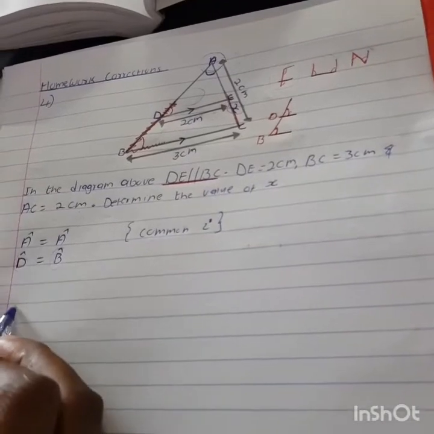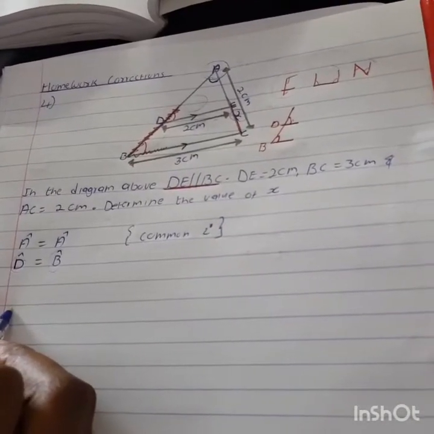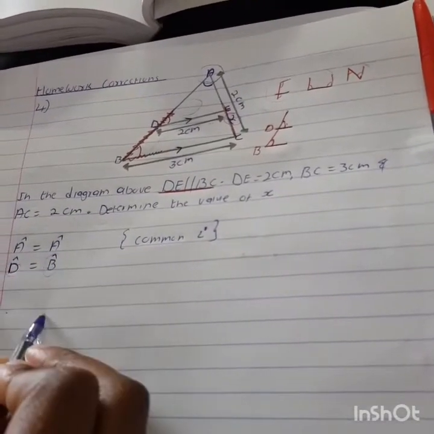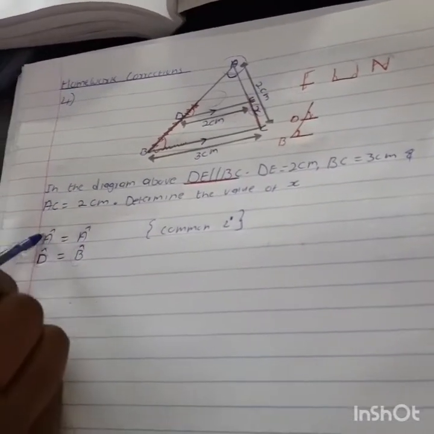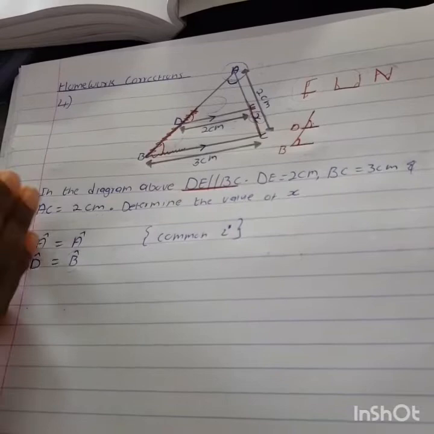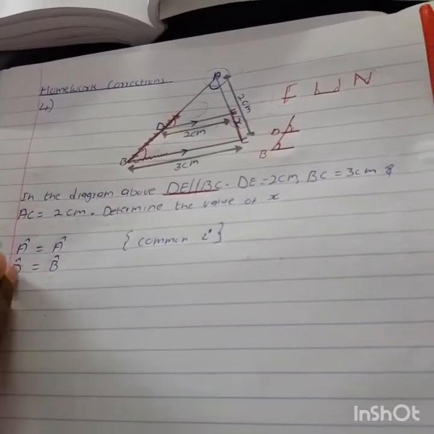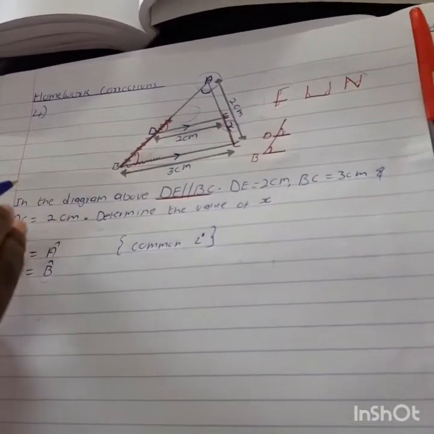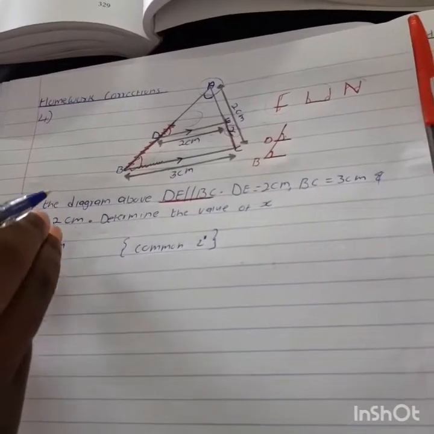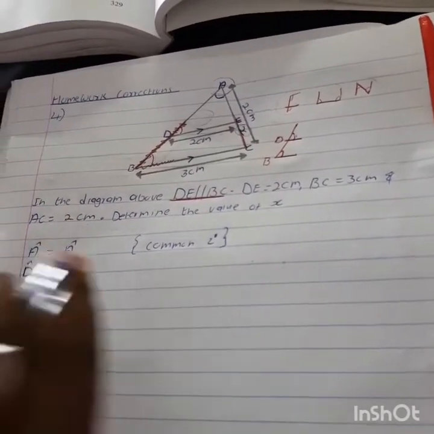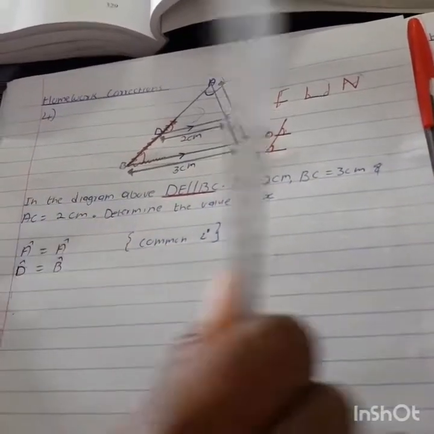On this side you must write the angles from the small triangle, and on this side the angles from the big triangle. If you want to start with the big triangle on this side, it's okay, but you must continue with the pattern, as long as you don't swap them.